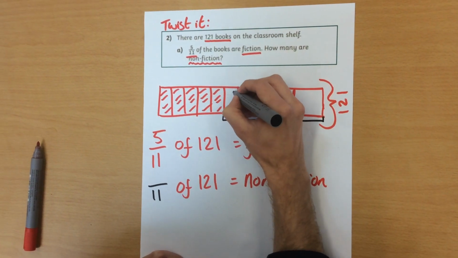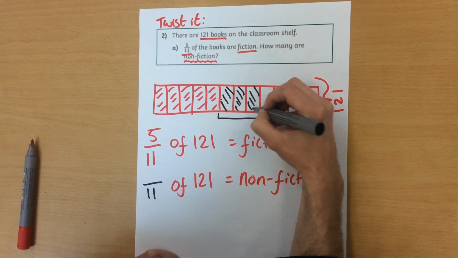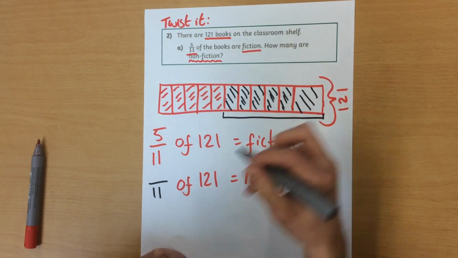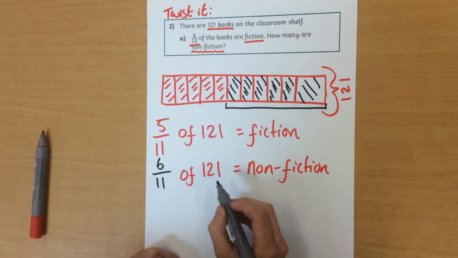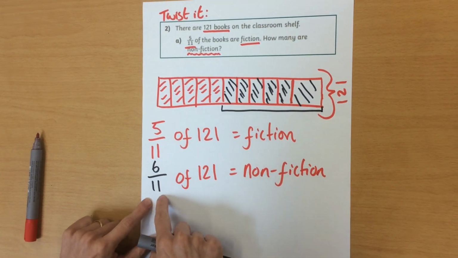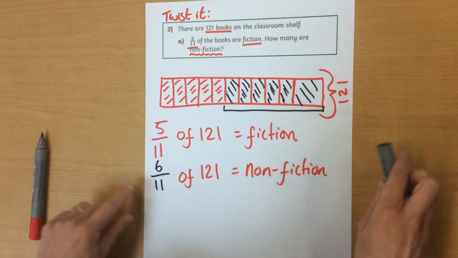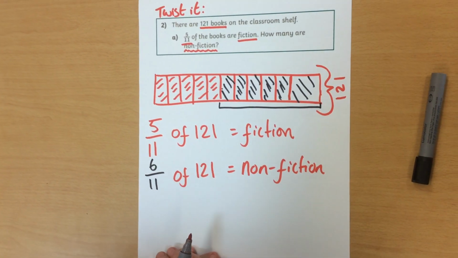I've got, go this way this time, 1, 2, 3, 4, 5, 6 are left over. So 6/11ths of 121 are non-fiction. And actually now, that's my first step done. This is the calculation that I need to solve. 6/11ths of 121 will tell me what my non-fiction amount is.